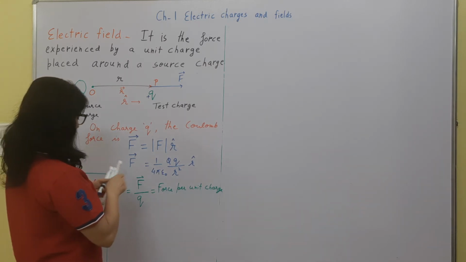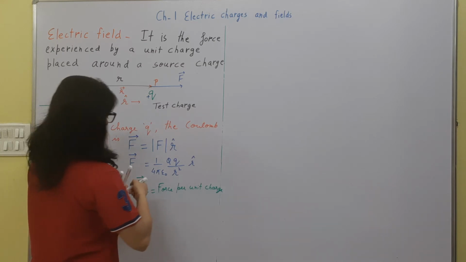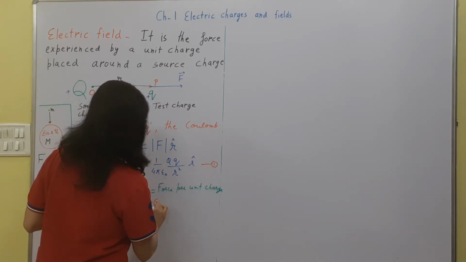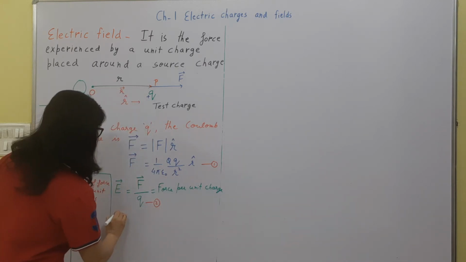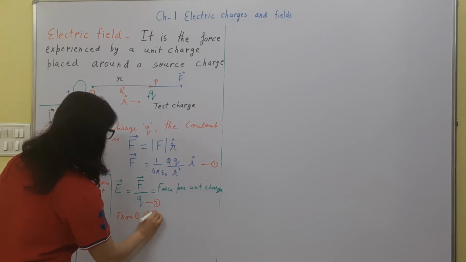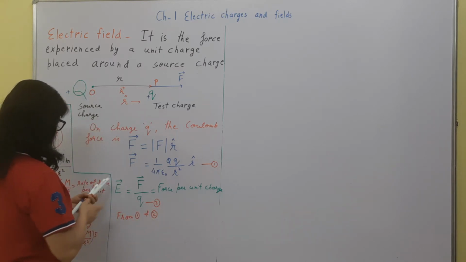So from here, if I mark this as equation 1, this as equation 2, so from 1 and 2, what will I get?